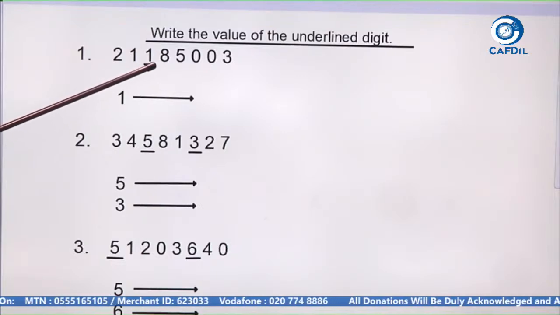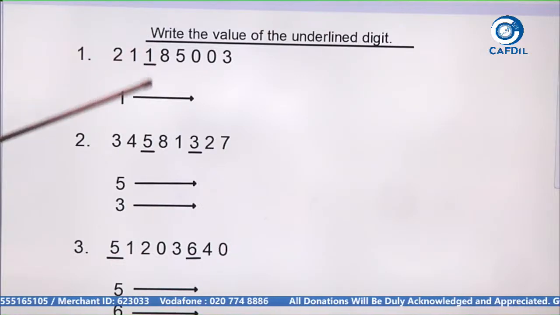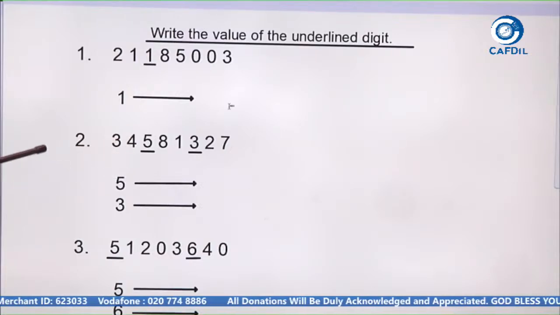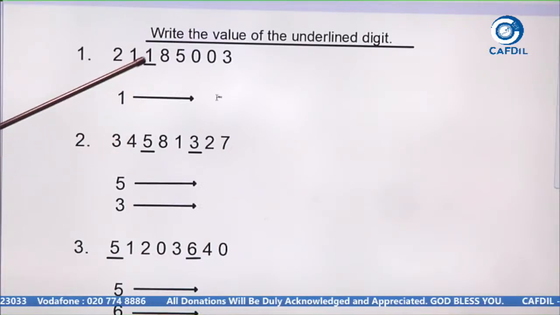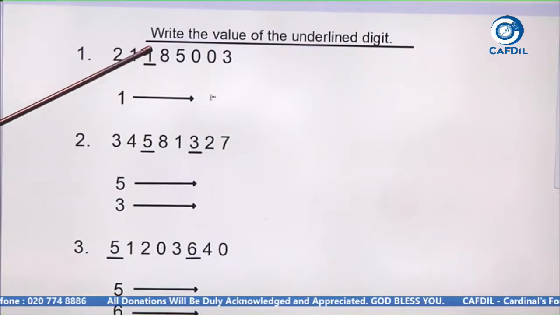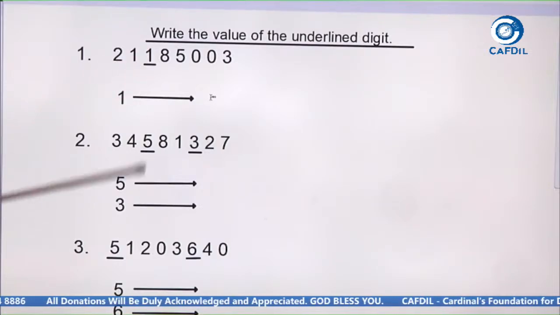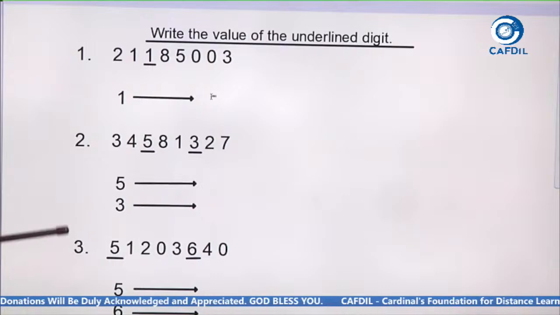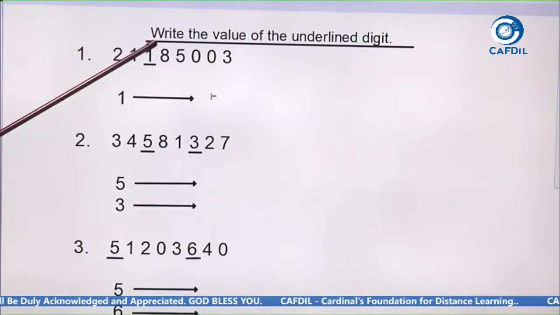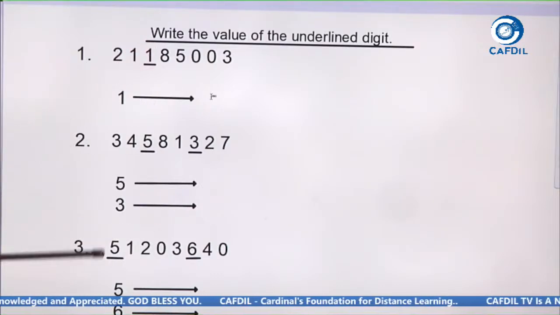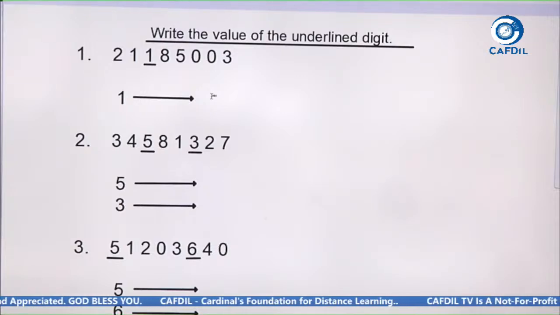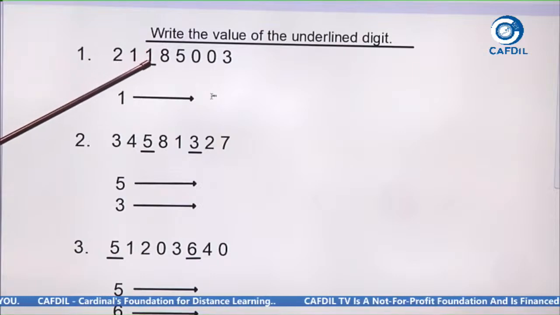It has been underlined. Can you see that on your screen? Yes, this very one has been underlined. We are going to write the value of that digit. And to write that, how do we do it? Learners, quickly write the underlined digits.